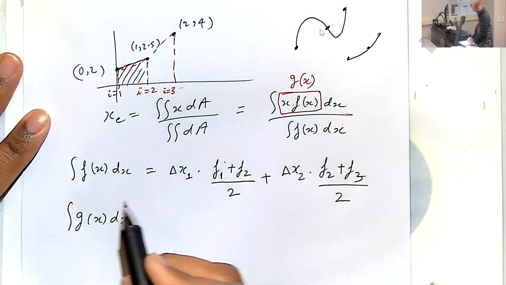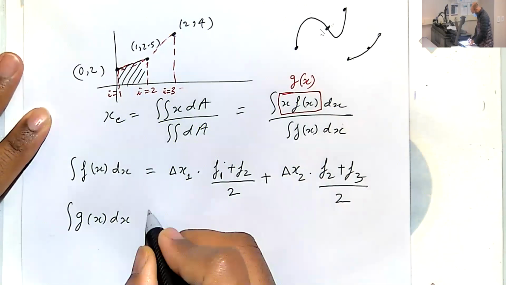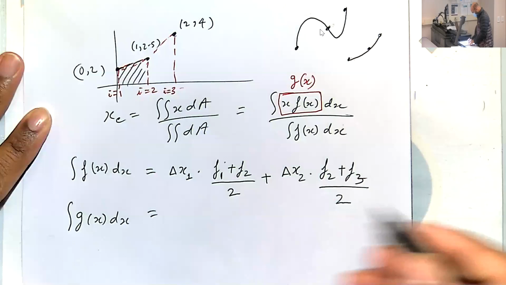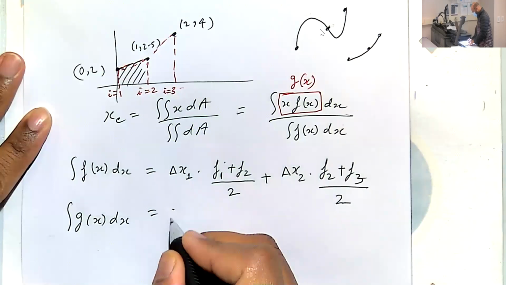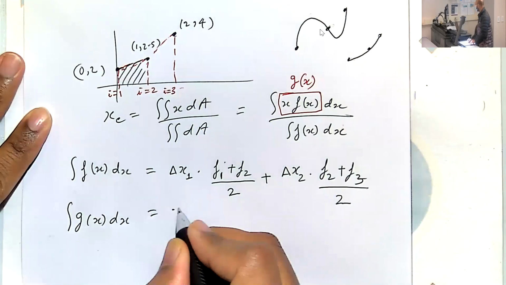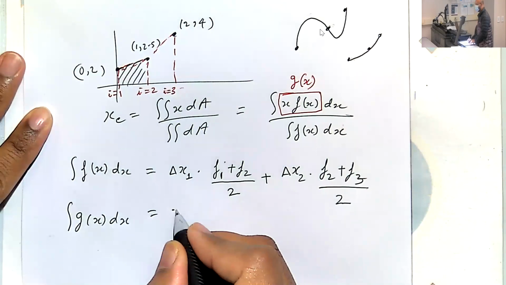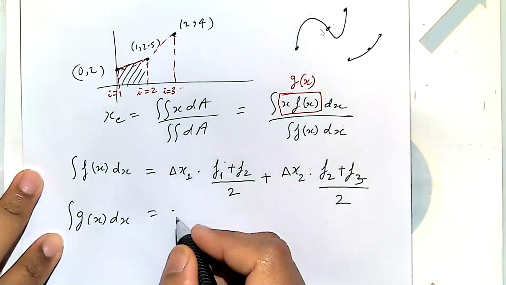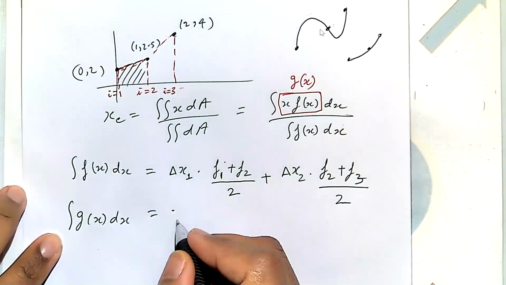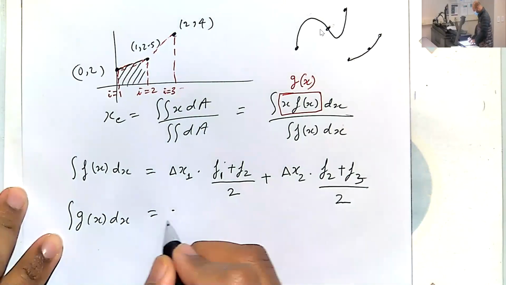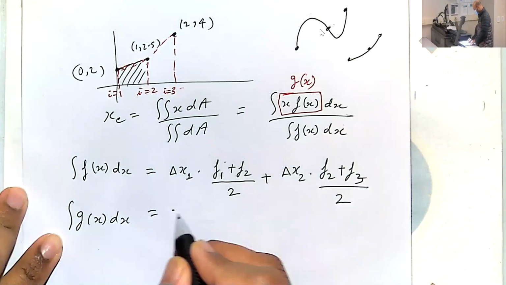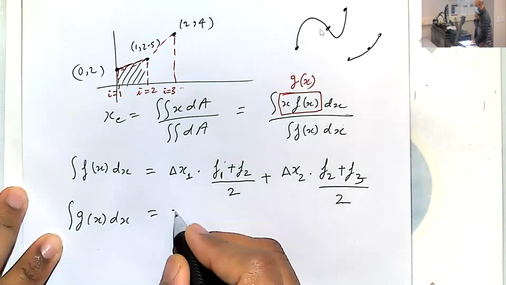Okay, tell me quickly, what should I write here? I want to discretize this numerically. So what should I write here? In terms of g, you can just tell me in terms of g.